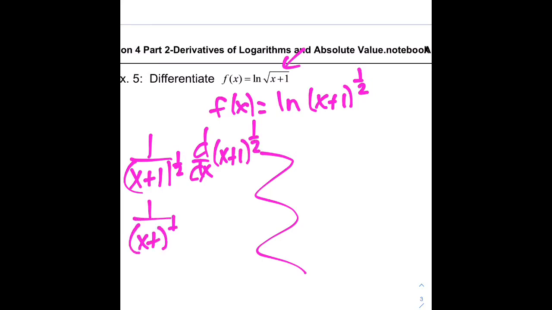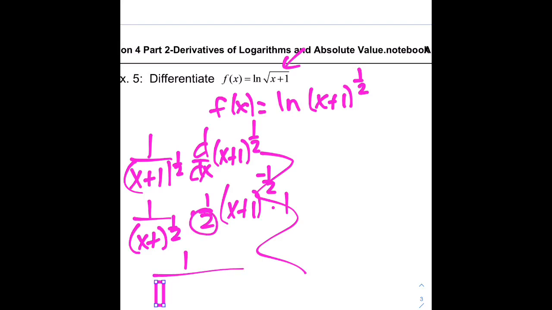So by chain rule, you would have 1/2 x plus 1 to the negative 1/2, technically times 1, which yields a final answer of 1 over, that 2's on bottom. This term would be on bottom. Let's erase that. This should be a 2. All right. When this term right here goes downstairs, there's already an x plus 1 to the 1/2 term, so you get x plus 1 to the first. That is one way you can go about doing this problem.